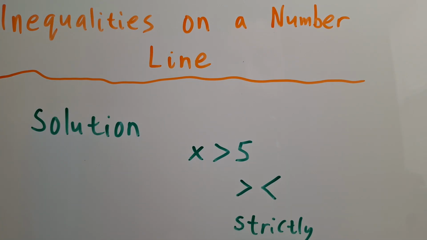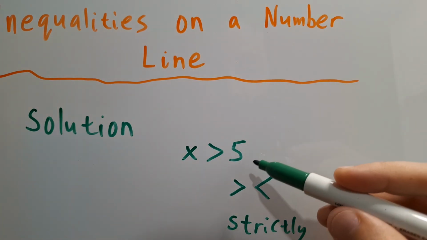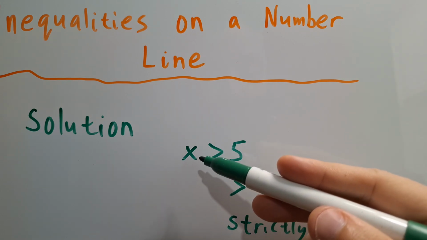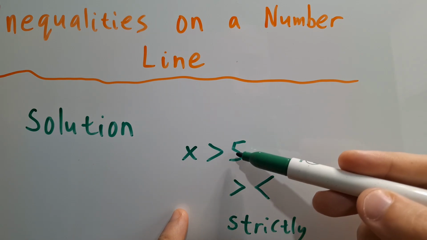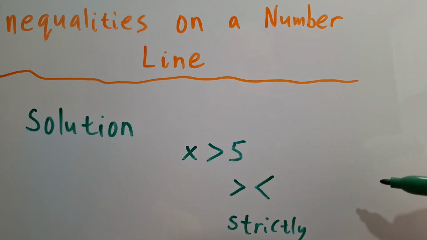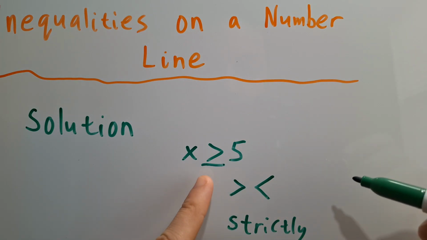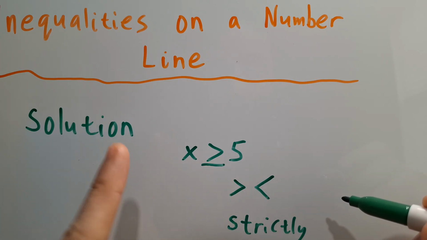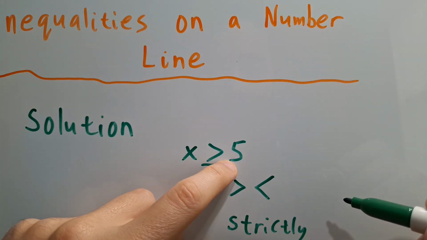It helps sometimes when you get further later on in mathematics. One other thing I will mention is that 5 is not a solution to this inequality because 5 is not greater than itself. However, if I did this symbol now, it says is greater than or equal to. In that case, 5 would be a solution to this inequality.